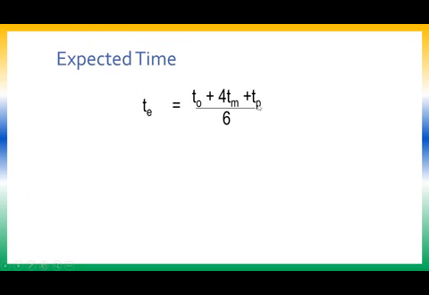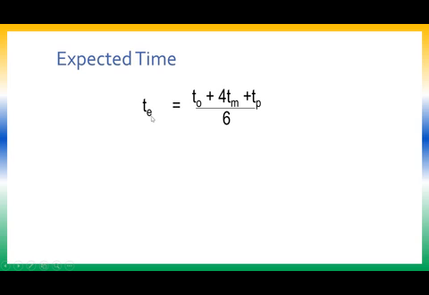So using these three time estimates, TO, TP and TM, right? Using optimistic, pessimistic and most likely time estimates, we find something called the expected time estimate, which is considered for project scheduling or project management.